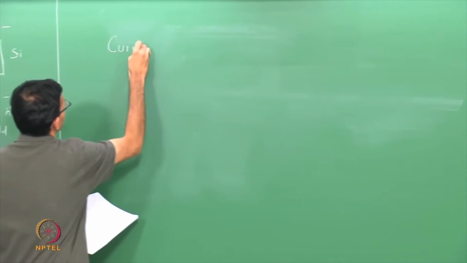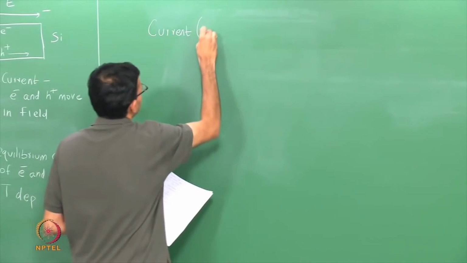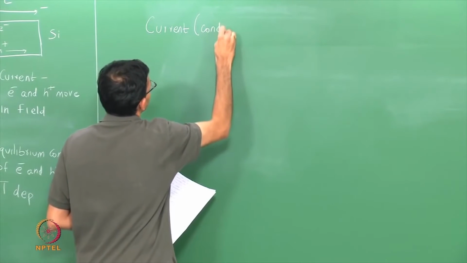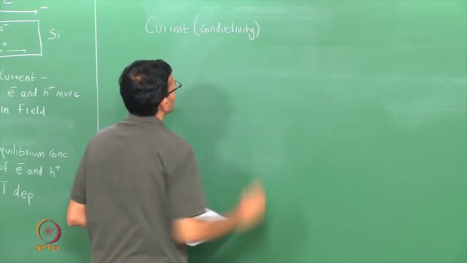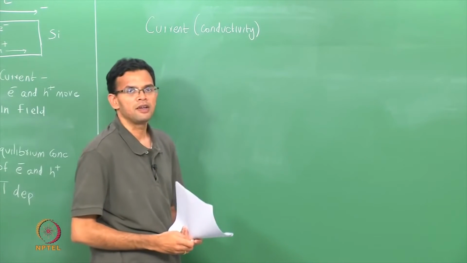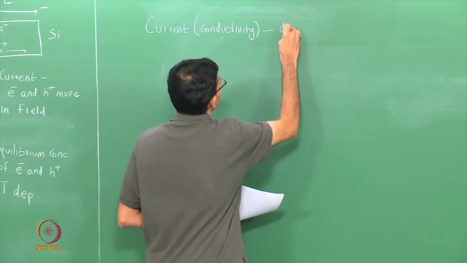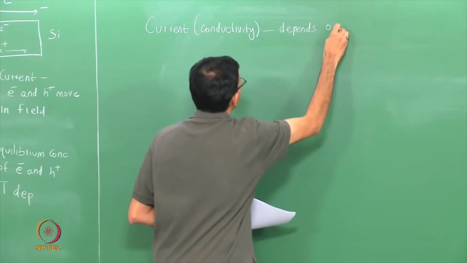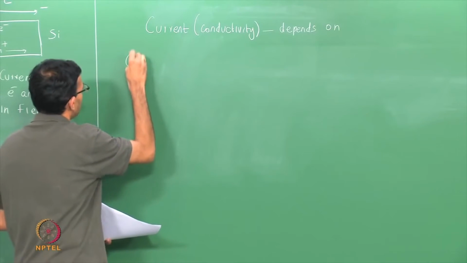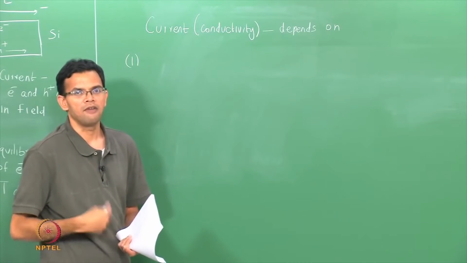Current, or if you want to think about it, conductivity, in the case of an intrinsic semiconductor, depends upon two factors. The first one is the concentration of electrons and holes that are available.